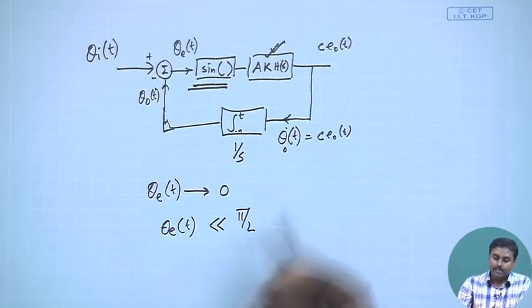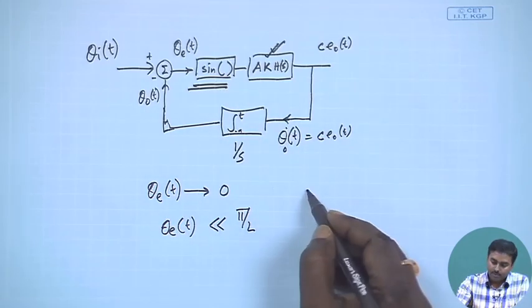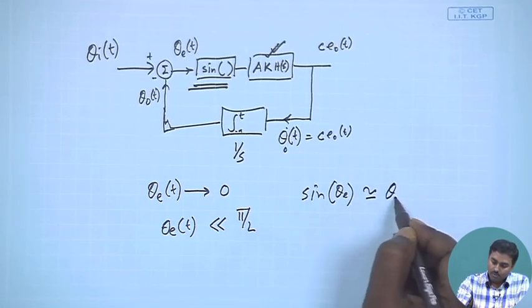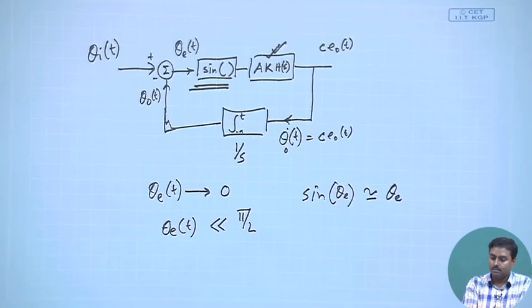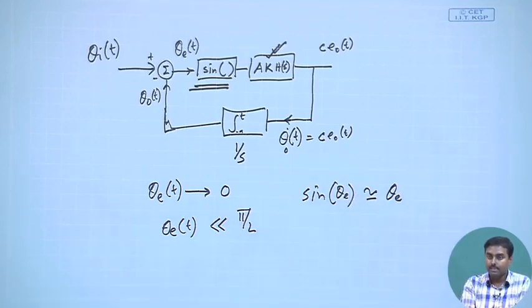In that case, the sinusoidal can be approximated as the angle itself. So, I can write sin theta E t as almost equivalent to theta E t. Once I write that, immediately this sinusoidal goes away.